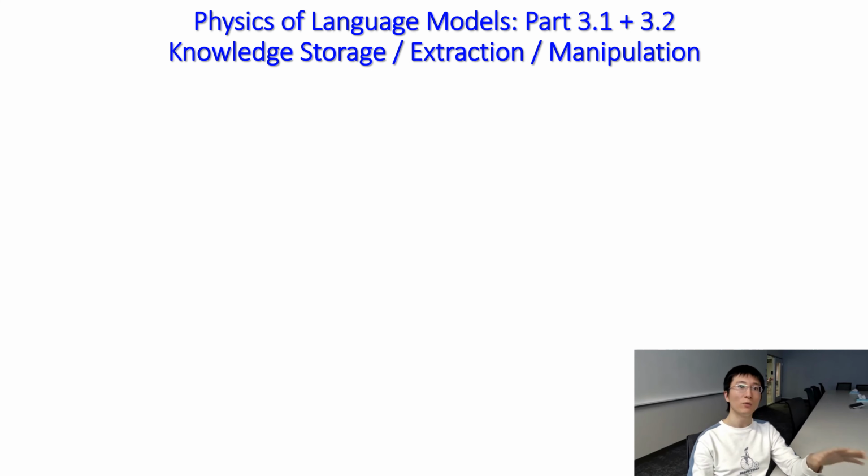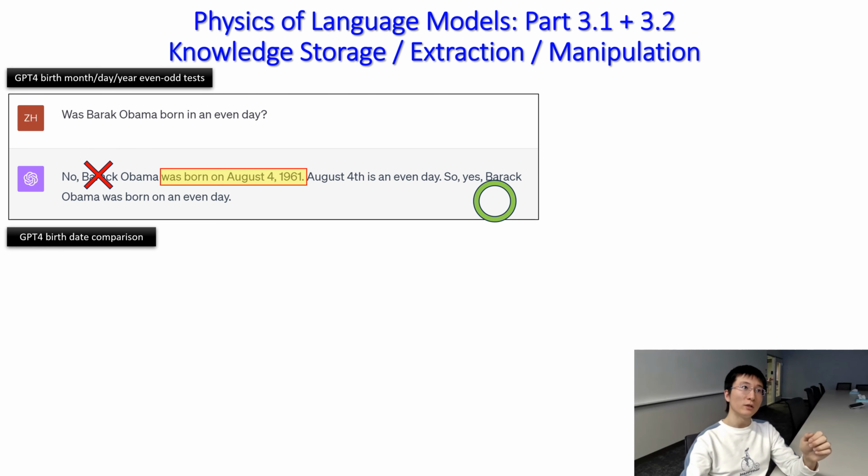To begin with, I want to show you some counterexamples for GPT-4. The first example is as follows. Suppose I ask GPT-4, was Barack Obama born on an even day?